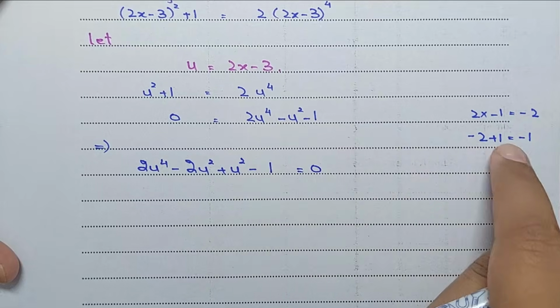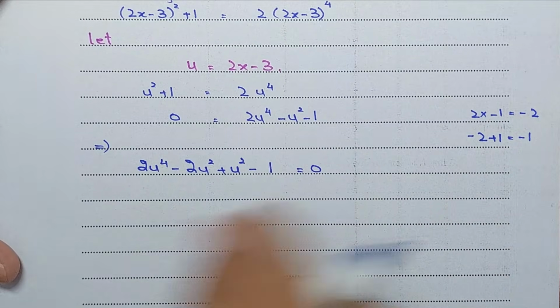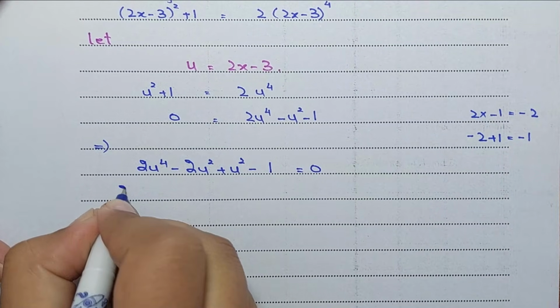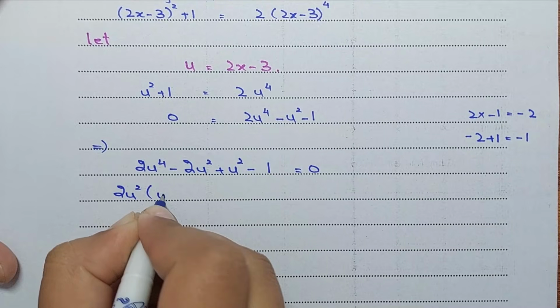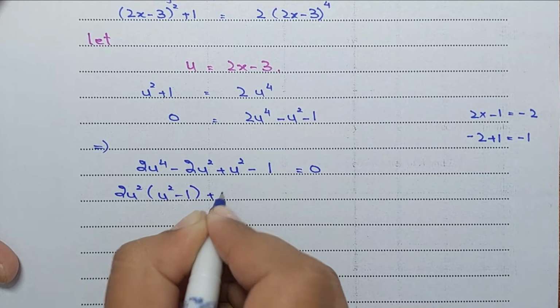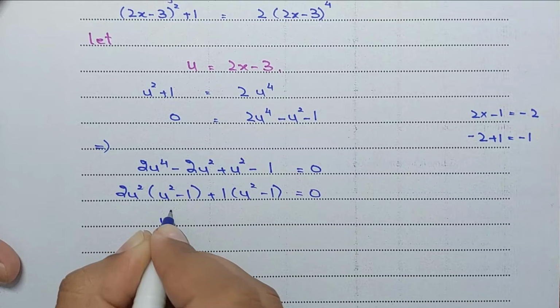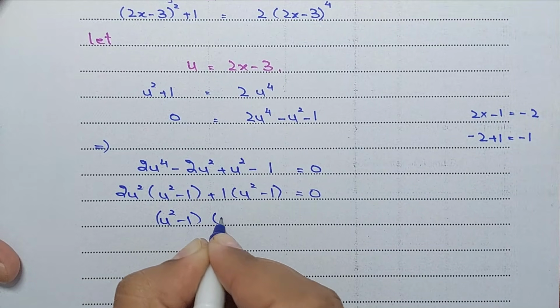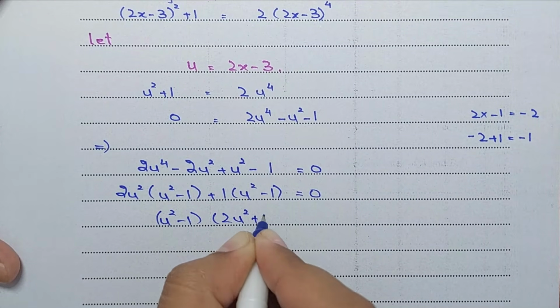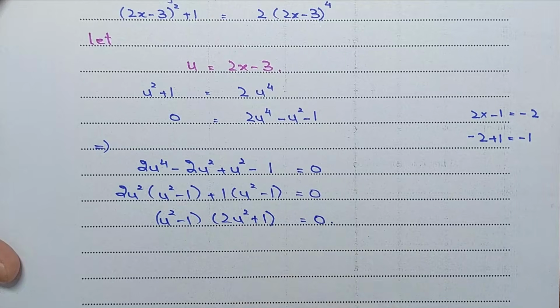I break this minus 1 as plus 2 and minus 2 plus 1. So 2 is common, u square is common. We are left with u square minus 1 plus 1 is common, u square minus 1 equals to 0. Factors are u square minus 1 and 2u square plus 1 would be equals to 0.